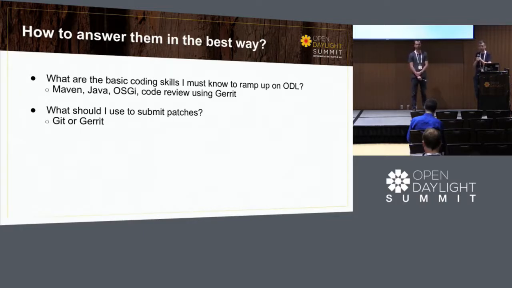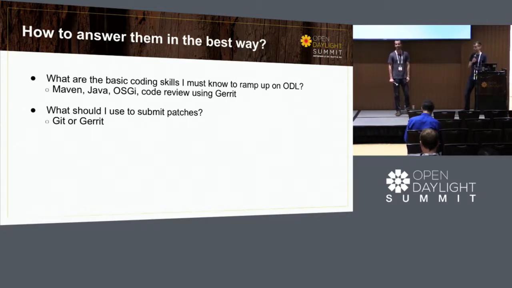If you're interested in coding for OpenDaylight, what do you need to know? Well, obviously, networking, we've sort of skipped that part. On the coding side, you'll need to know Java, definitely, and it's helpful if you know a bit about Maven and OSGi, and code review using Gerrit, and we'll come back to that later.